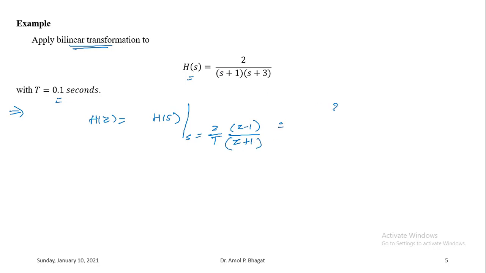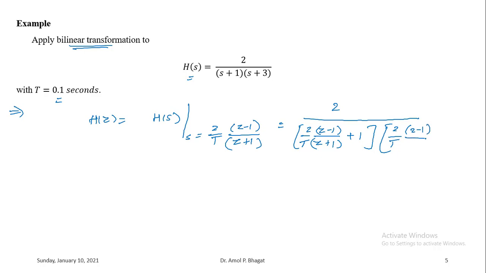So it will be 2 upon, in the first bracket, 2 by T, z minus 1 upon z plus 1, plus 1, and again 2 by T, z minus 1 upon z plus 1, plus 3.